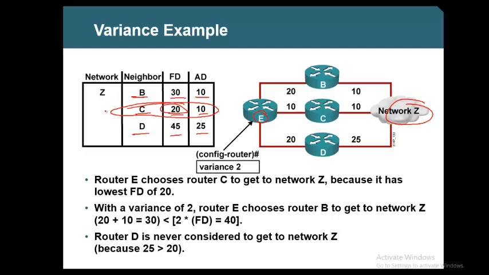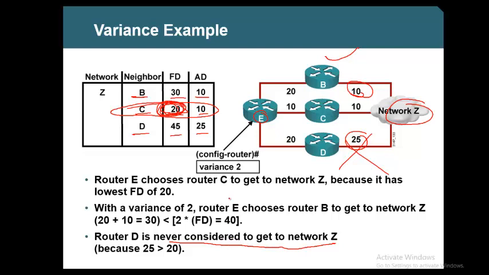Yes, via B. And via B, there is a feasible successor. Why? The advertised distance is less than the successor value 20. Whereas here, the advertised distance is not less than 20. So this won't be seen in the topology table. D is never considered to get to Z.